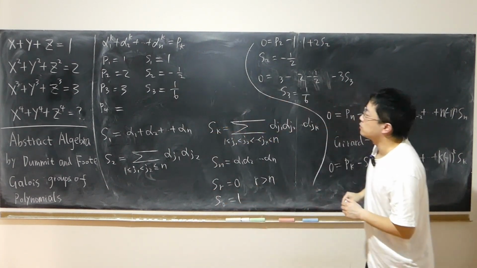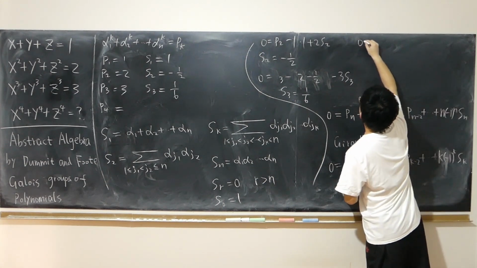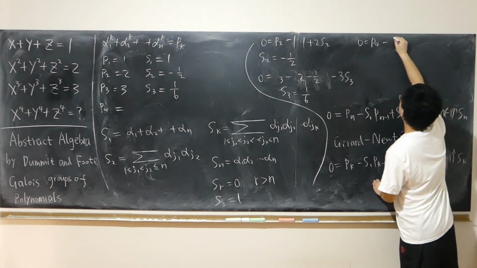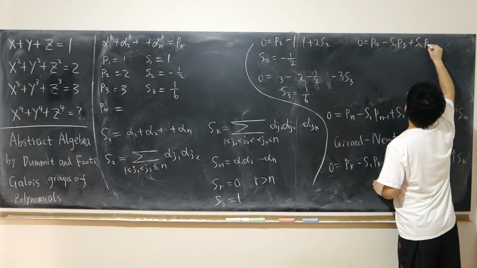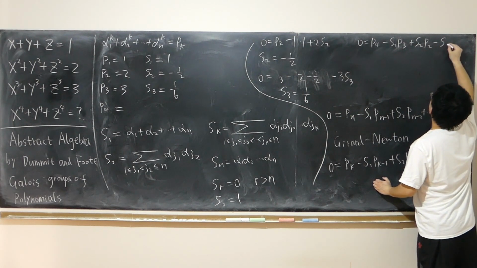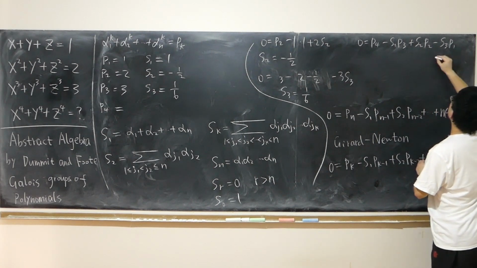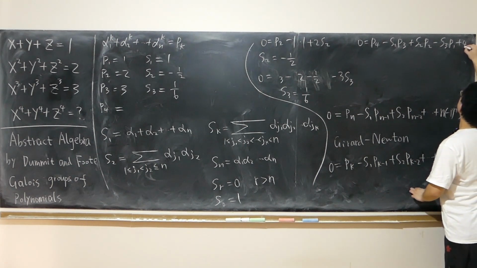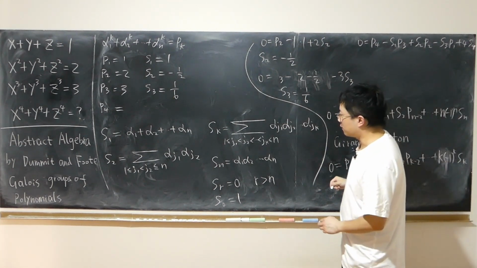Right? What's P4? K equal to 4. 0 equals P4 minus S1 P3 plus S2 P2 minus S3 P1, then plus 4 times S4. But the question is, what's S4?